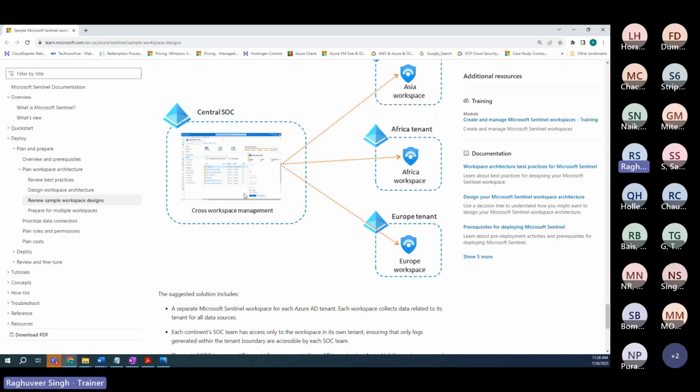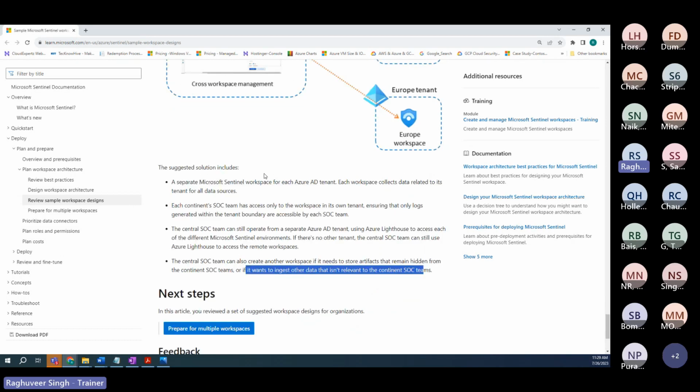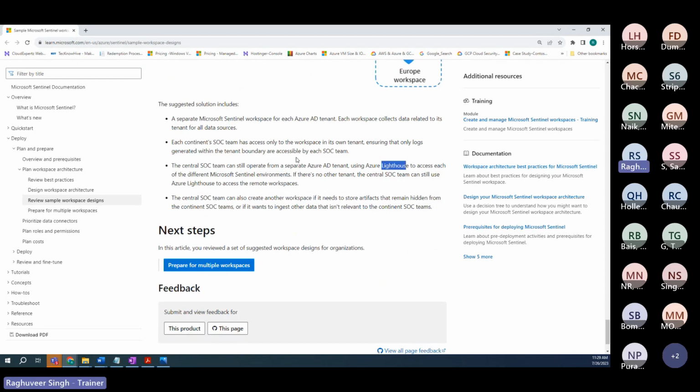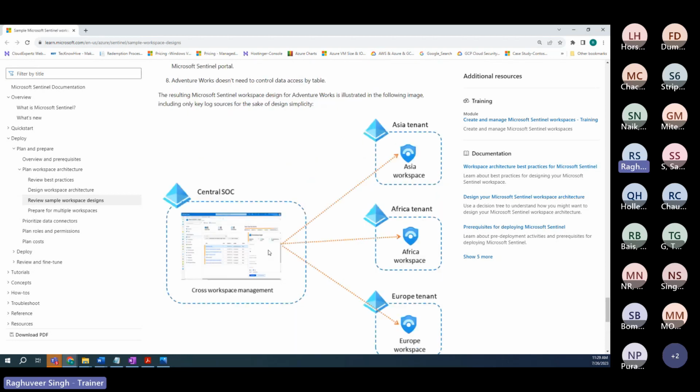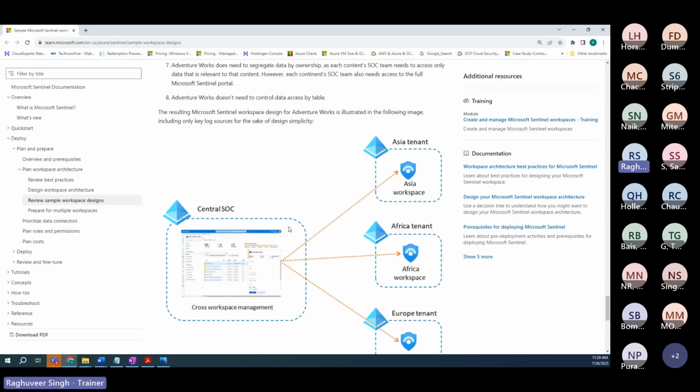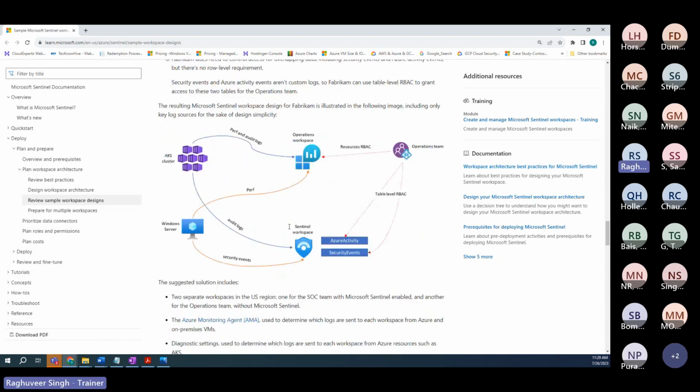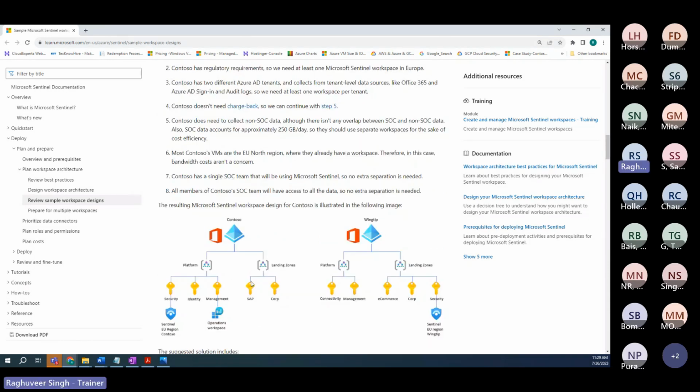They can ingest data into that workspace and manage that workspace using the Lighthouse service also. This is the solution. So in this solution, you only see the centralized management part, but when you double click on this solution, it will also reflect this image and this image also.